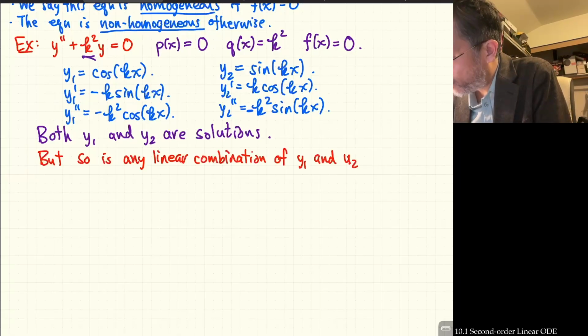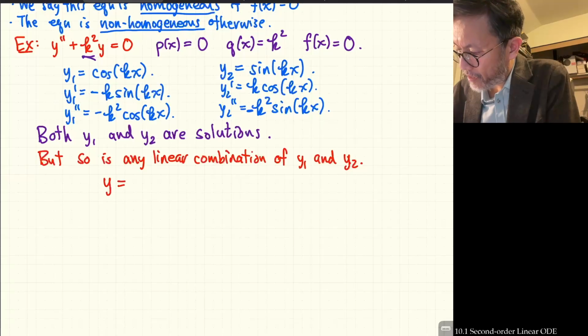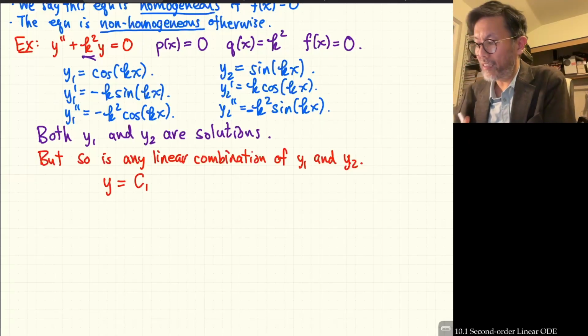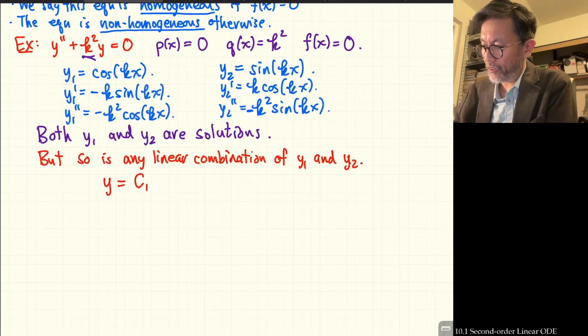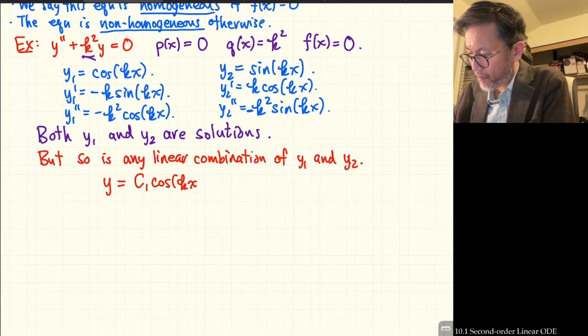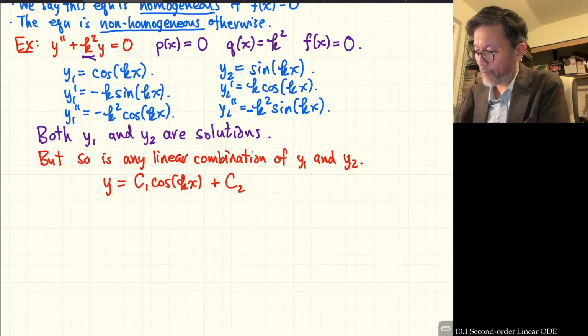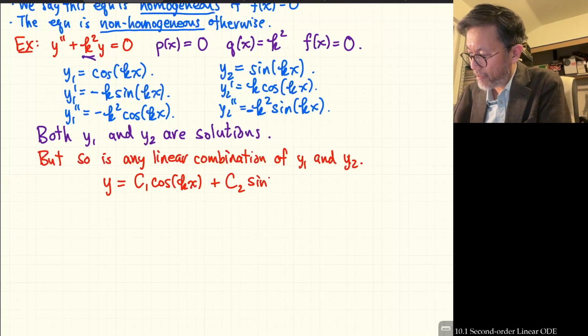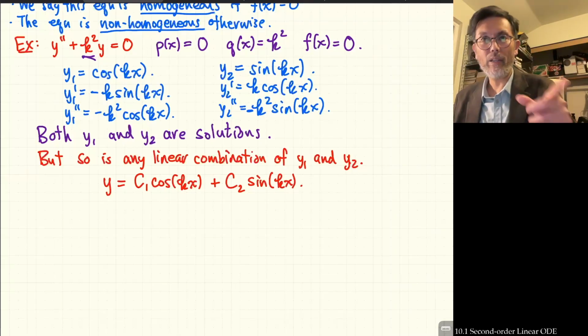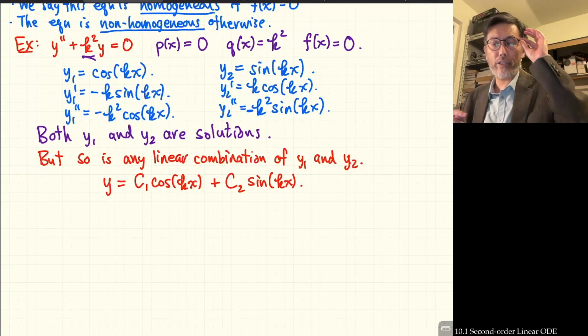If I define y to be equal to some constant c1 times the first solution, cosine kx, plus some other constant c2 times sine of kx, I claim, and I'm right, that this is again a solution to this differential equation.